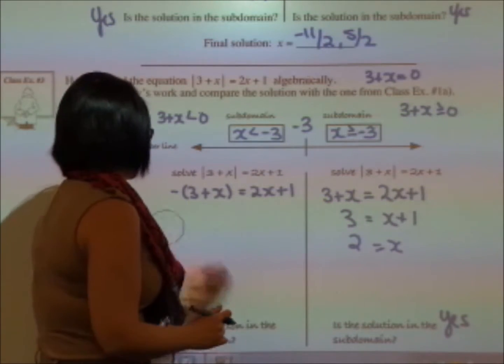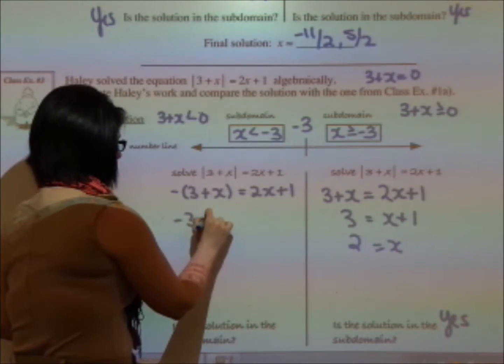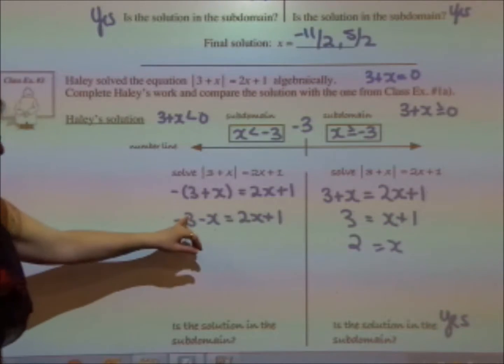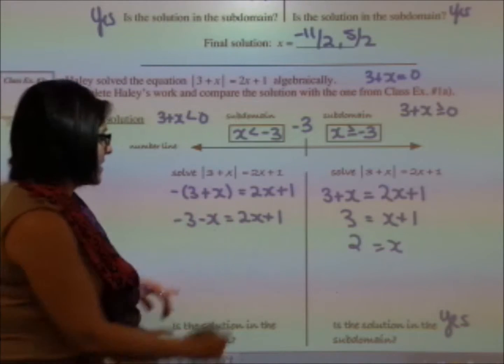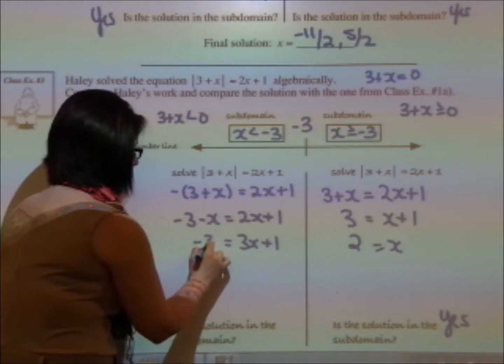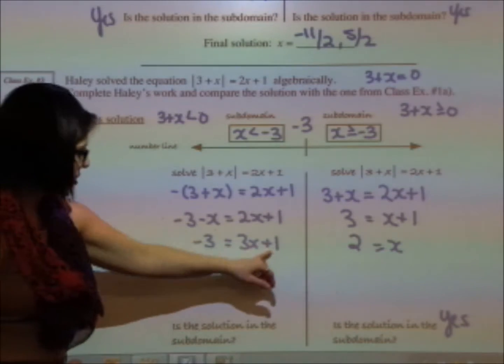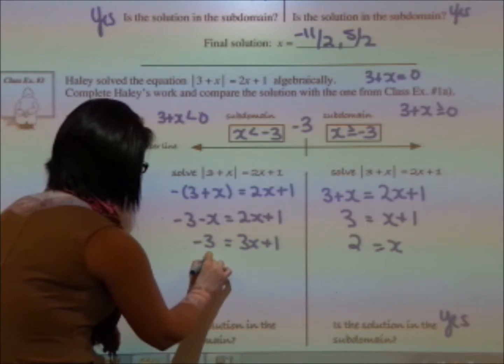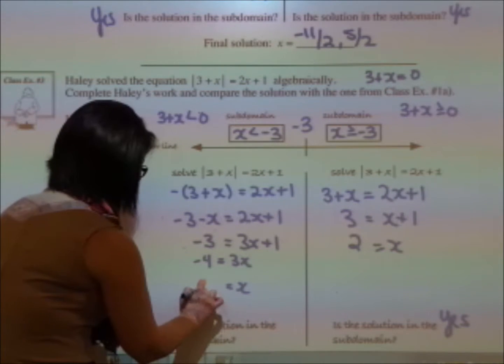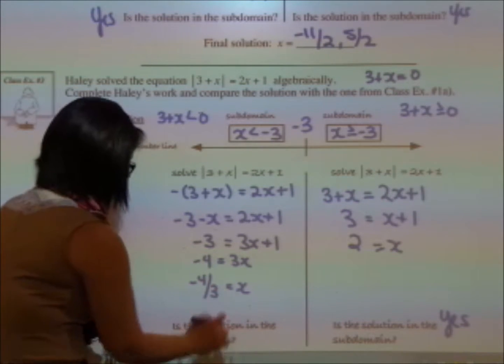Minus x. So negative 3 minus x equals 2x plus 1. Move the x over, so I'd add this time, and I get 3x plus 1 equals negative 3. Subtract by 1, and I get negative 4. And then I get x equals negative 4/3.